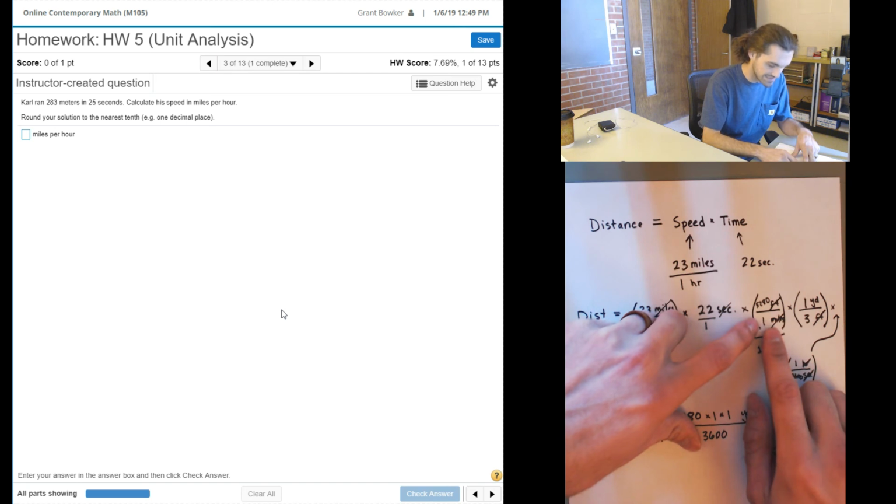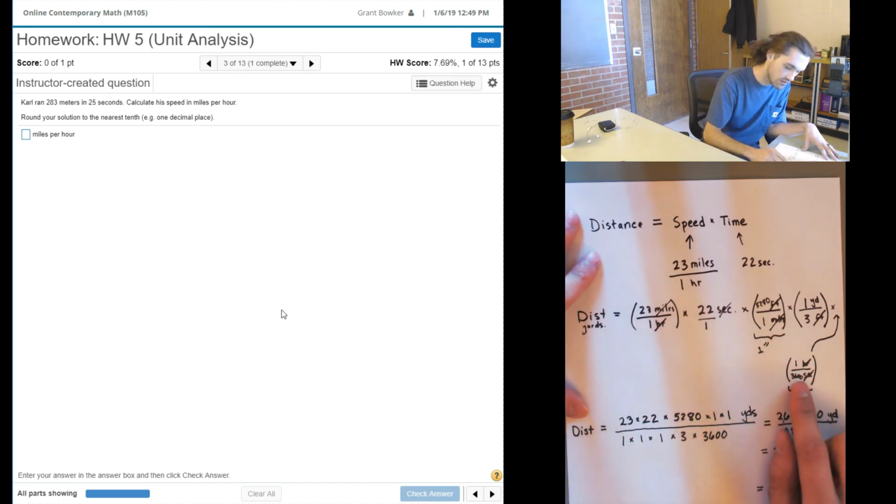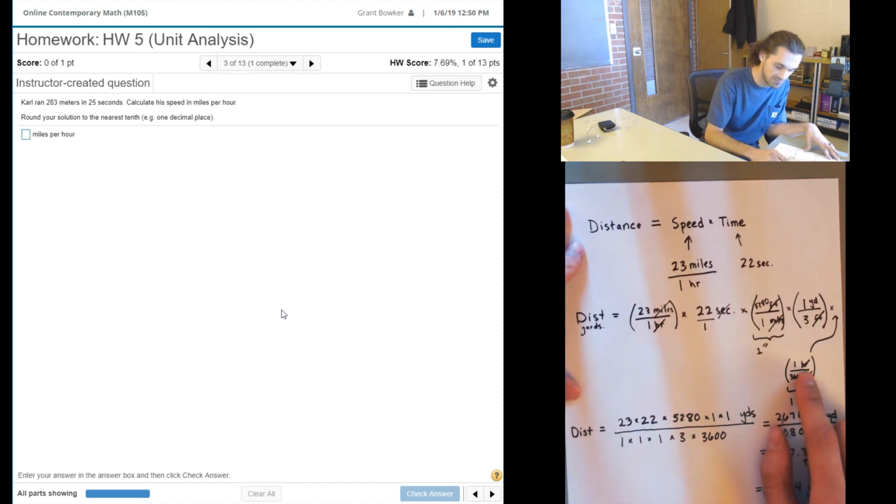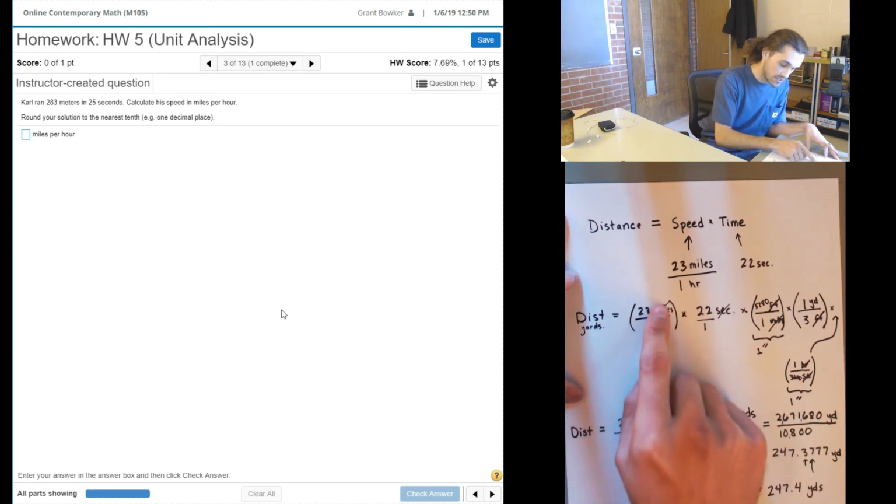5,280 feet is the same as 1 mile. 3,600 seconds is the same as 1 hour. Because the numerator and denominator are equivalent, that fraction in its essence is equal to 1. Keep track of your units.